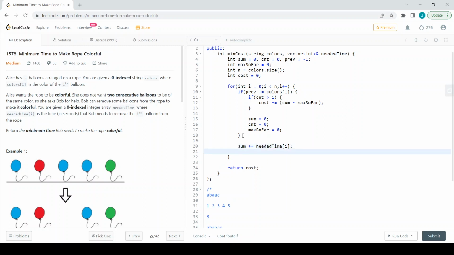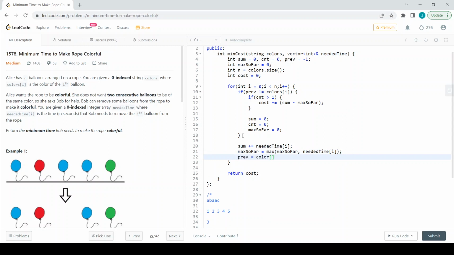Then I have to calculate the max so far: max so far is equal to max of max so far, comma, needed time of i. Then I change previous to colors of i. So I have done these things here, and I have reset the values here. Finally I'm calculating the cost and returning the cost.